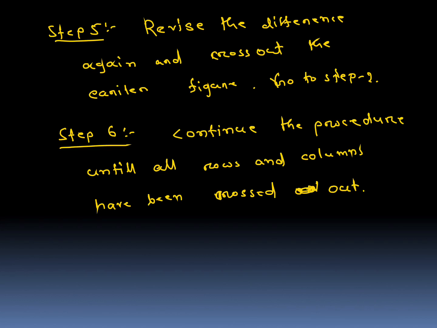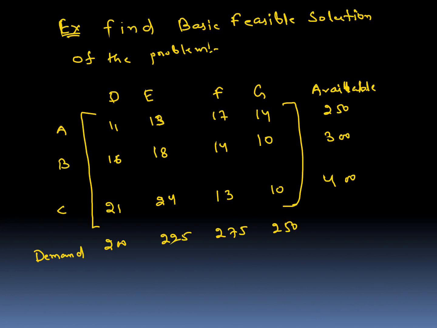I will solve one example so that you can understand these steps. The question is, find the basic feasible solution of the problem. The problem is given and available, or we can write it as supply. This side demand. Supply is m, demand is n. So first we will check whether a basic feasible solution is possible or not.